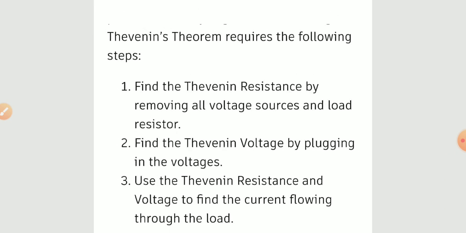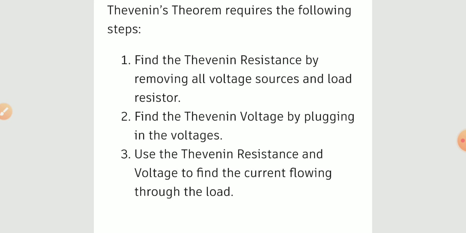Thevenin's theorem requires the following steps. First, find the Thevenin's resistance by removing all the voltage sources and the load resistance. Second, find the Thevenin's voltage. And third, use the Thevenin's resistance and voltage to find the current flowing through the load.